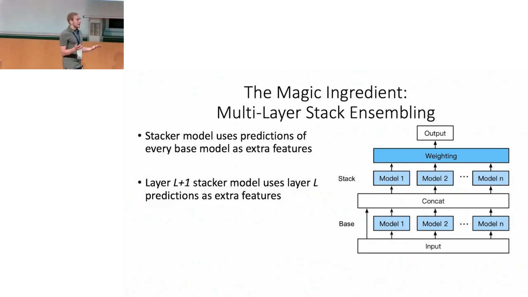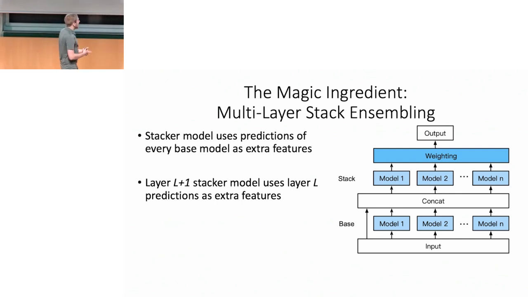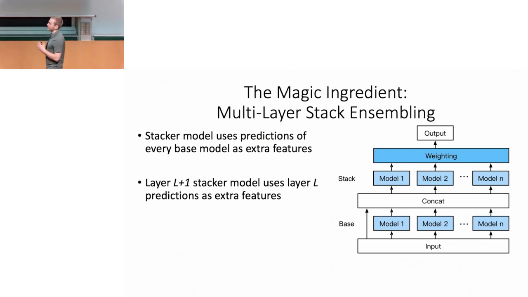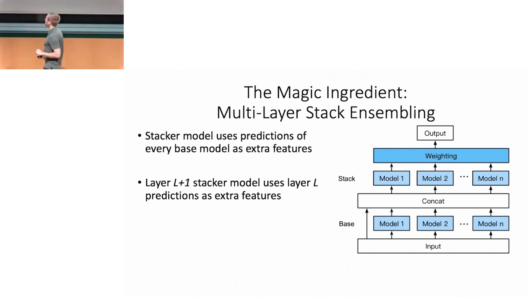And so the layer L+1 stacker model uses layer L predictions as extra features. Now, how do you avoid overfitting in this case? This is the purpose of the out-of-fold predictions. Basically, you use the out-of-fold predictions as the features instead of using directly like the training data or holdout validation. If you want to talk more about this afterwards, if you're curious, just come up to me.